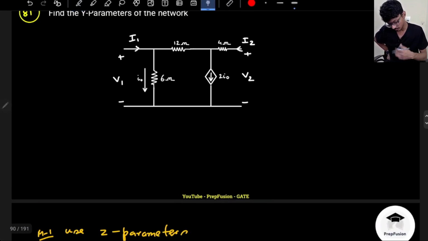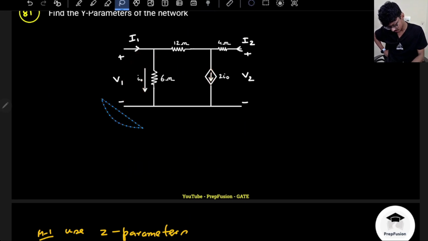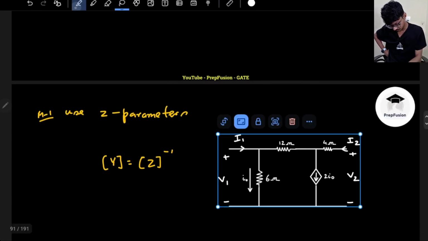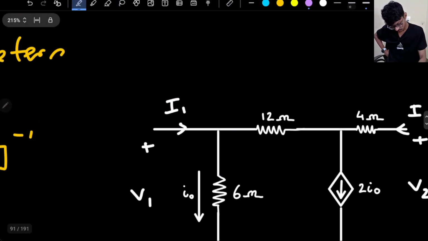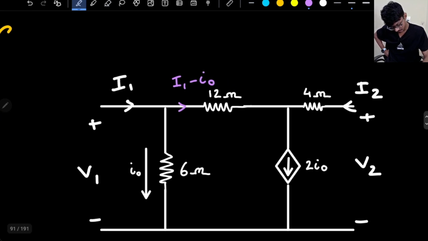So with z parameters you will always have to try and use KVLs. Always try to use KVLs, because here I can see V1 in terms of I1 and this is I0. These two are I0. So what is the current through here? So if I copy this network, this value will be I1 minus I0, and this value is I2, right?